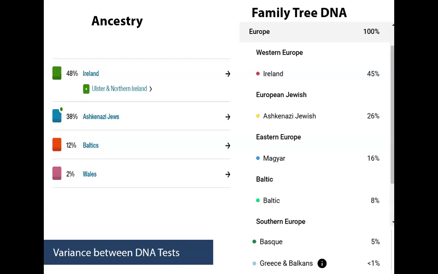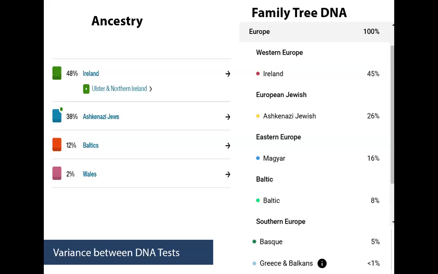So on the left-hand side with Ancestry, I have approximately 48% Irish, 38% Ashkenazi Jewish, 12% Baltics, and 2% Wales. With Family Tree DNA, where I've also tested my DNA, you'll notice my Irish is down to 45%. My Ashkenazi Jewish is 26%, and that actually got split out a bit more, where I have a separate 16% of Magyar, which is really referring to the Hungary region.